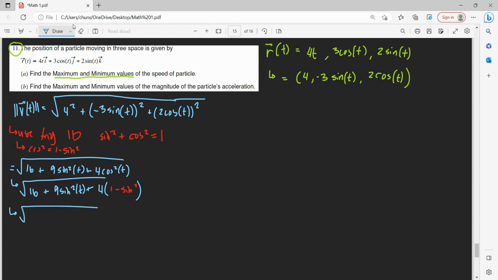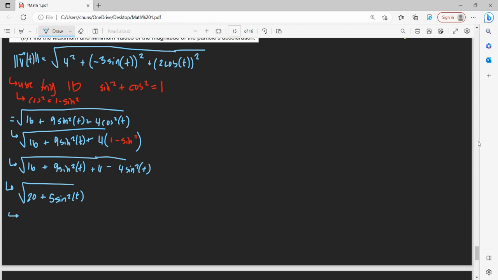That will give us 16 plus 9 sine squared t plus 4 minus 4 sine squared t. This is a bit of a process, you know, so that's 20 plus 5 sine squared t. Still going, we can do it. Actually, no, we can end it right here.